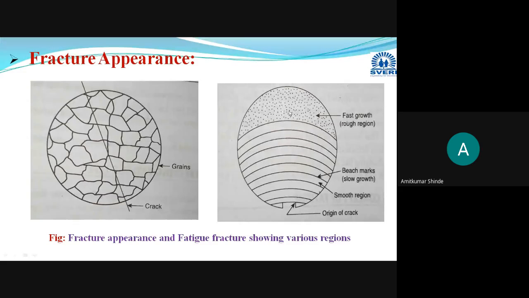This is the rough region, this is the smooth region, and these curved lines are termed beach marks, also known as ripples or striations. Beach marks, ripples, or striations will be in the smooth region.